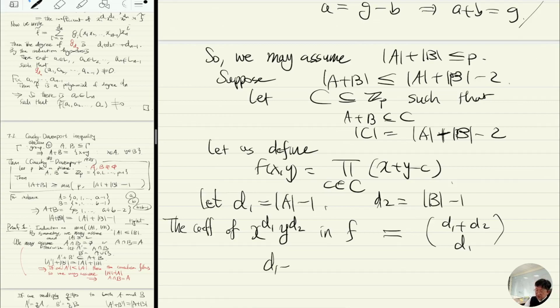And note that d1 plus d2 is less than p, because |A| plus |B| is at most p, so |A| plus |B| minus 2 is at most p minus 1. So that means this will never be 0 modulo p. It's (d1 plus d2) factorial divided by d1 factorial times d2 factorial, but (d1 plus d2) factorial doesn't have any p, and when you divide, you multiply by the multiplicative inverse.